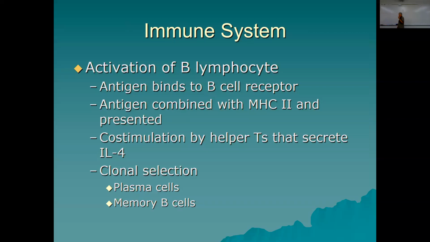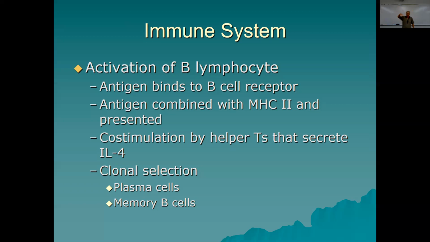Okay, activation of B lymphocytes. B lymphocytes, remember, are APCs. They come into contact with a foreign antigen. They bring it in, they chew it up, and they display it in the membrane with MHC type 2. A helper T cell comes along, recognizes the MHC type 2, recognizes the foreign protein, and secretes interleukin-4. Interleukin-4 binds to the B lymphocyte, the second stimulation.